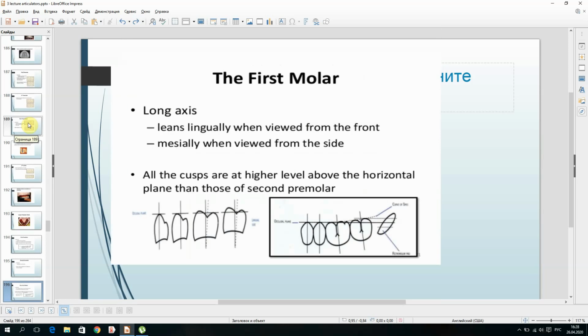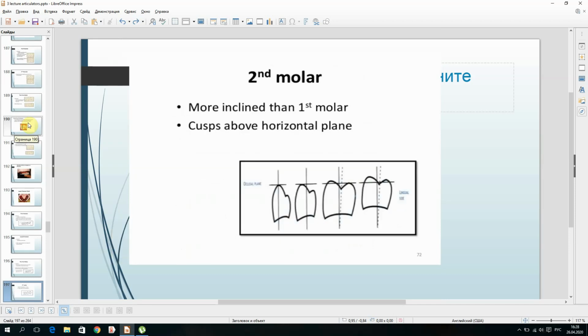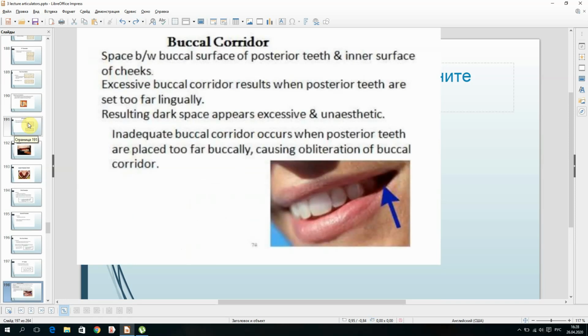The first molar long axis leans lingually when viewed from the front, mesially when viewed from the side. All the cusps are at a higher level above the horizontal plane than those of the second premolar. Second molar more inclined than first molar, cusps above horizontal plane.